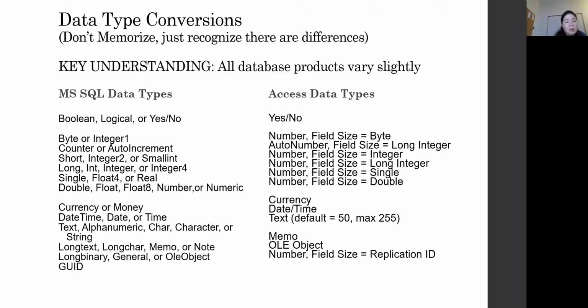So you can see that some of the things are fairly similar, like currency or money versus currency, but fairly similar isn't going to be enough. It has to be exact. Otherwise, if you don't get your words and your spelling correct when you're coding, it's a no-fly. It's not going to work.